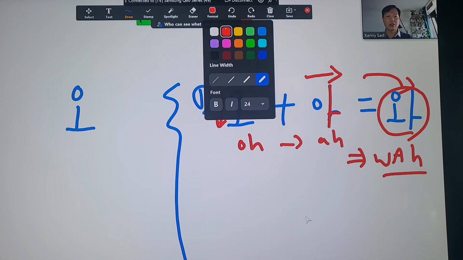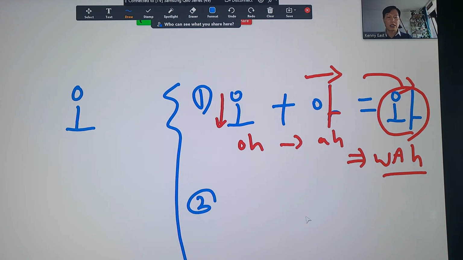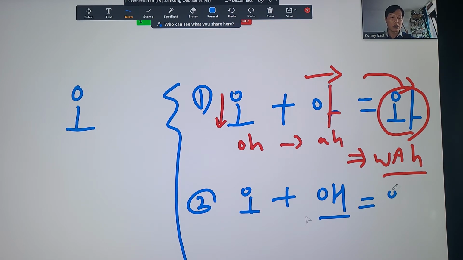Second combination: O plus, we learned the A sound. Do you remember? Well, this one is theoretically a double sound, but this time it is considered one single sound. So O plus A, you can make the 왜 sound. As you can see, this stick went to the right hand side.